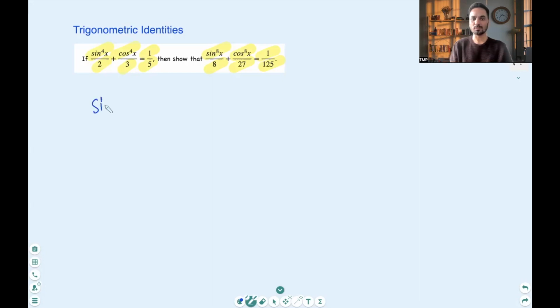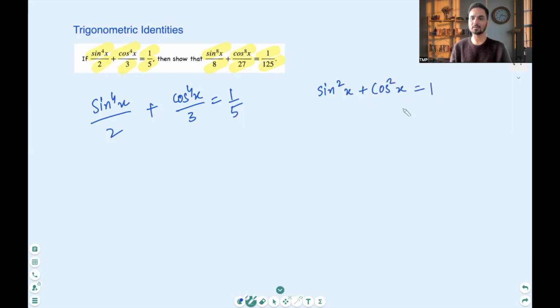So we are given sin⁴x/2 + cos⁴x/3 = 1/5. As we are given sine and cos, we remember a very important identity between sine and cos, which is sin²x + cos²x = 1. That means sin²x is the same as 1 minus cos²x, or sin⁴x is the same as (1 − cos²x) whole square.